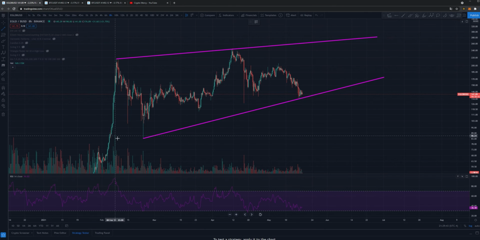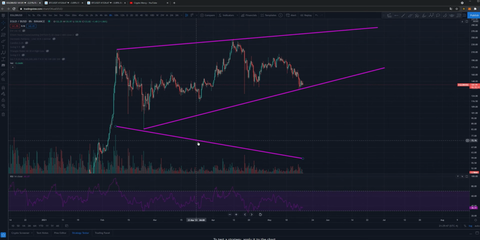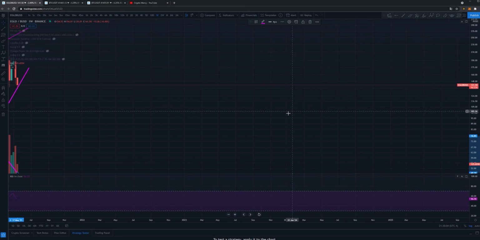You see the volume here, we are still going down in volume, and this is typical of the rising wedge. This is caused by the compression inside the wedge. Okay, and this also can be an ascending triangle.